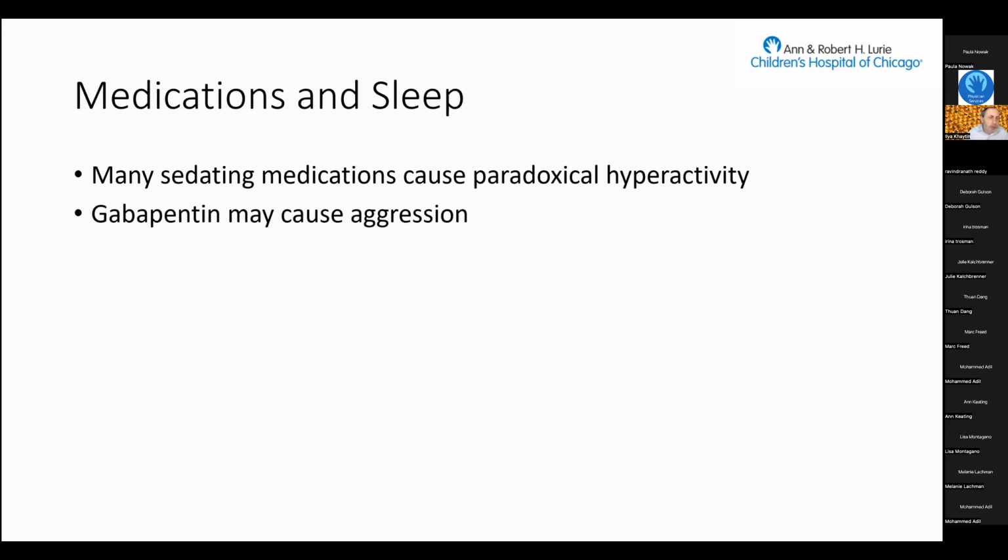However, we do need to remember that sedating medication may have paradoxical reactions. And that is, again, because children don't understand what being sleepy is. We all have a level of comfort in terms of our alertness. And as our alertness goes down, we too become hyperactive.